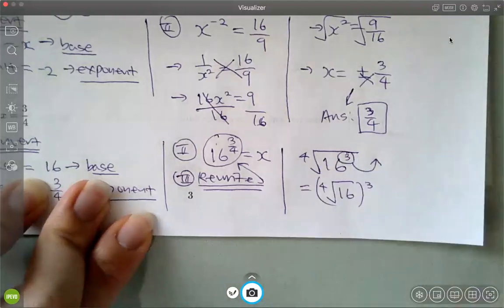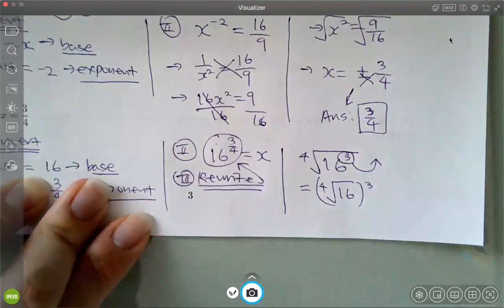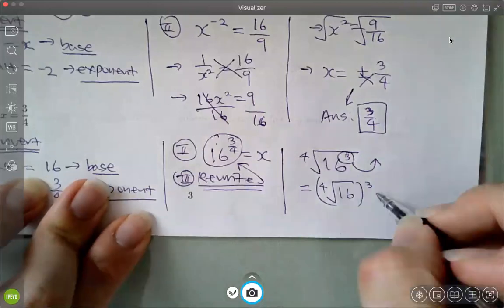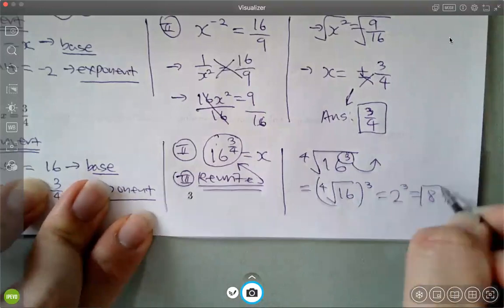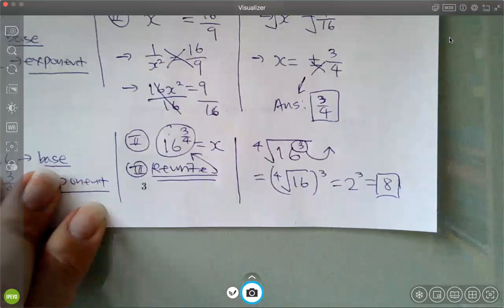And now, why is this useful? What's the fourth root of 16? Two, right? Okay, so we have 2 cubed, which is equal to 8. So 8 is the answer.